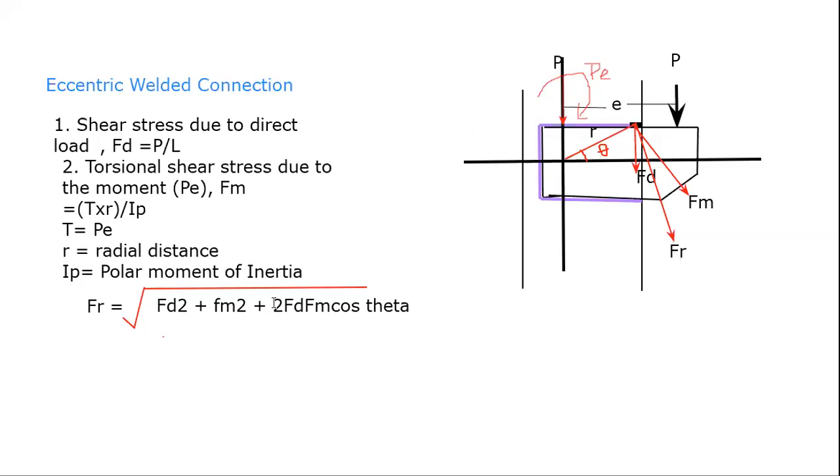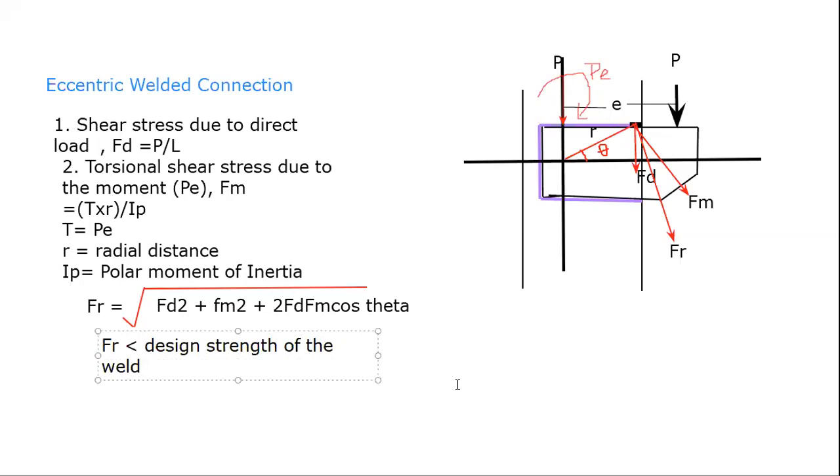Now this resultant shear stress is nothing but the stress which is acting on this member due to this factored load or this eccentric load. This resultant stress under this factored load should always be less than the design strength of the weld.